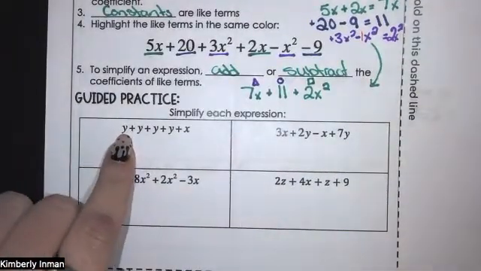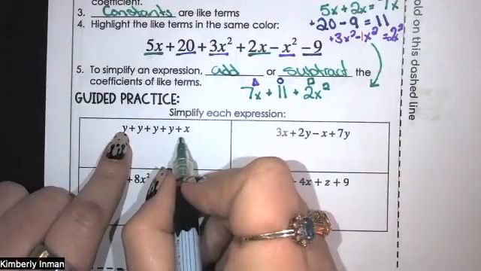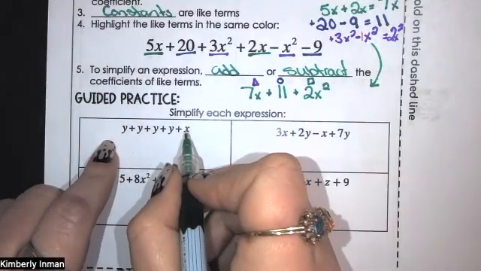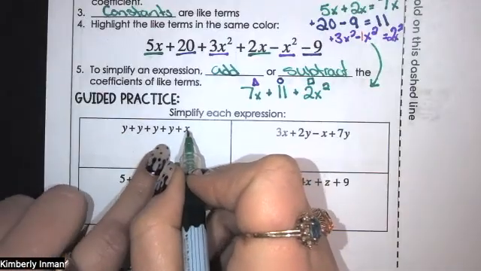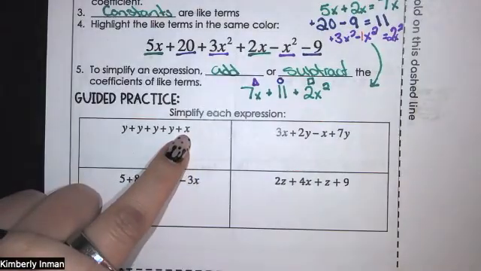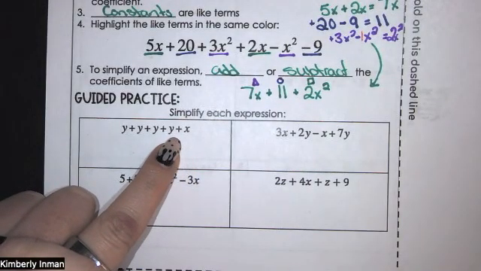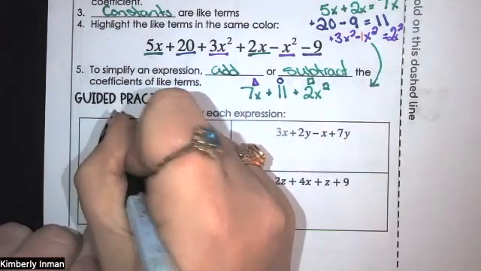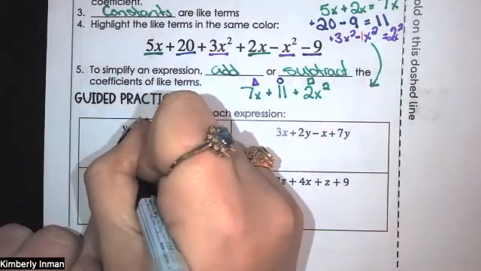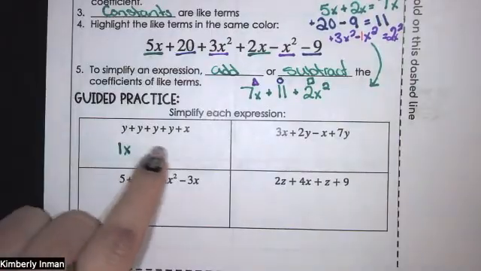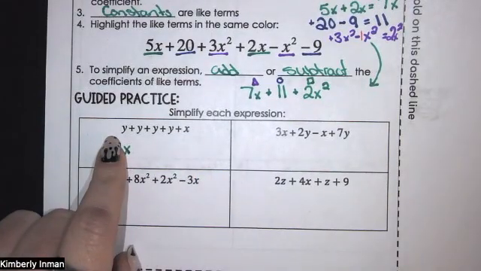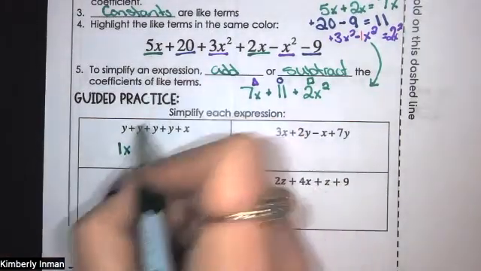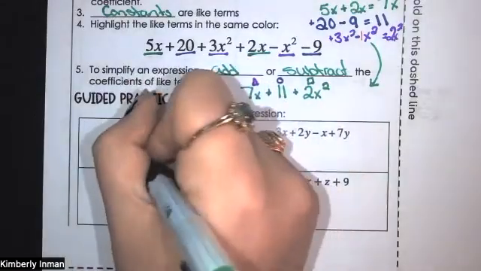So we have y's and x's. Well, how many x's are there for this one? There's just one x. So you have 1x. How many y's are there for this one? There are 4 y's. 1, 2, 3, 4.